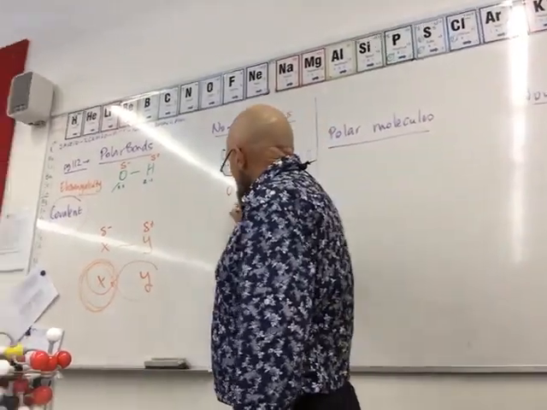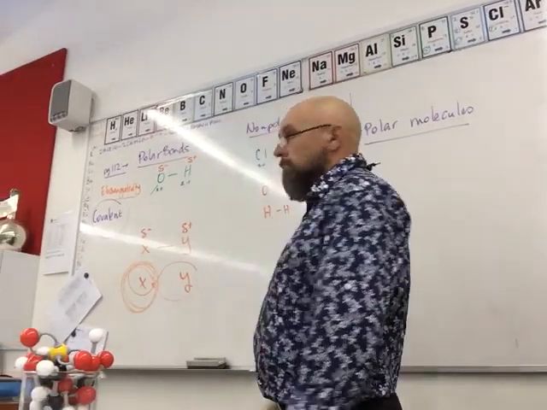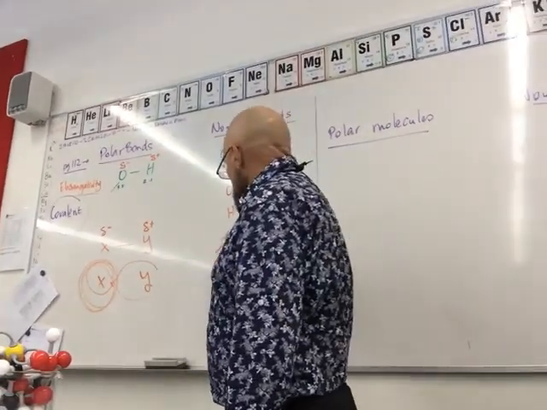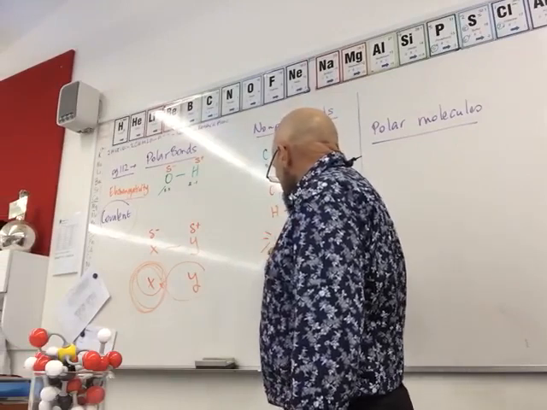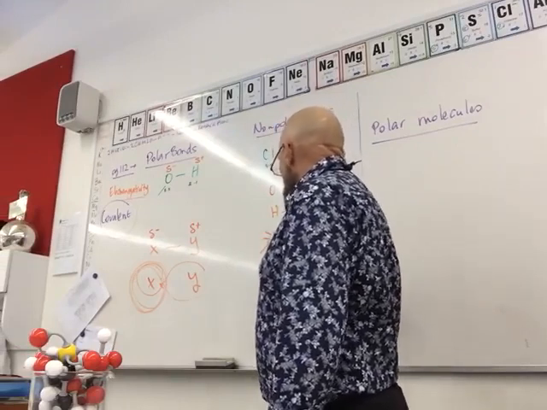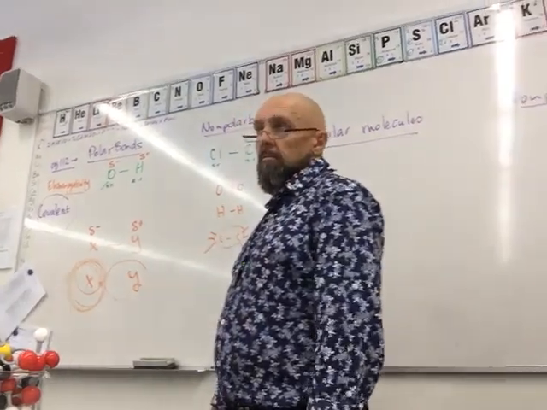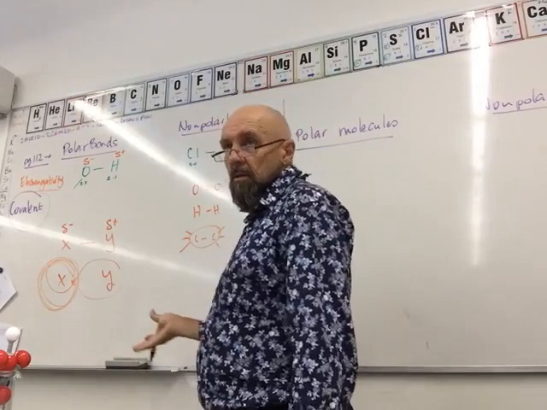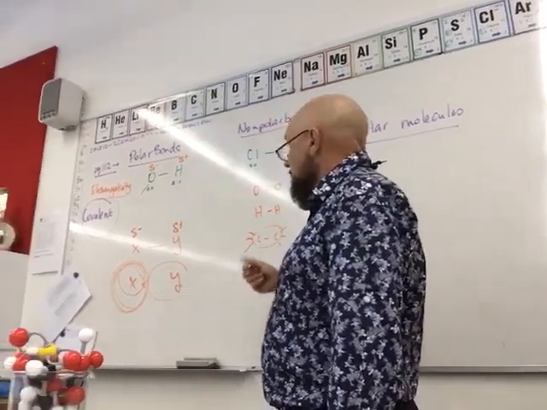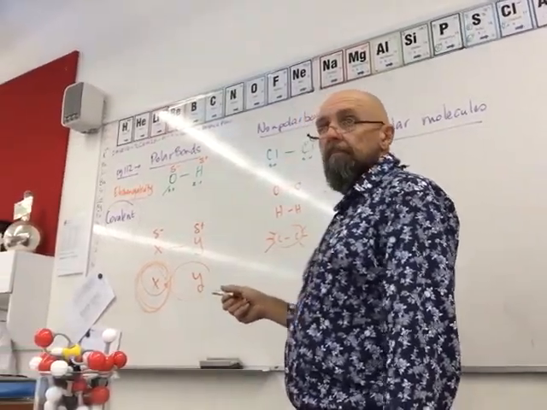Okay? The hydrogen molecule, H-H, that's a non-polar bond. If somewhere I've got a structure and it has carbon bonded to carbon, that would be a non-polar bond. Okay? So wherever I've got identical elements bonded, and I'm looking at only that bond, that's a non-polar bond. Happy with that?